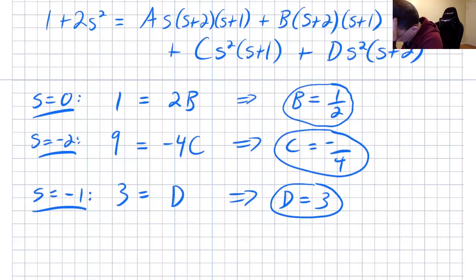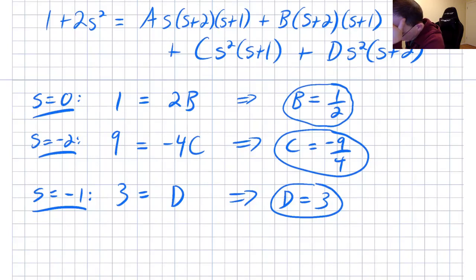One way to get a is to notice that a is going to be the coefficient of s cubed here. And then there's another s cubed here, so it's c times s cubed, and there's another s cubed here as well, so d times s cubed.